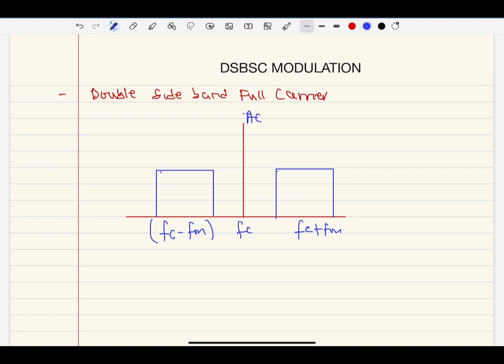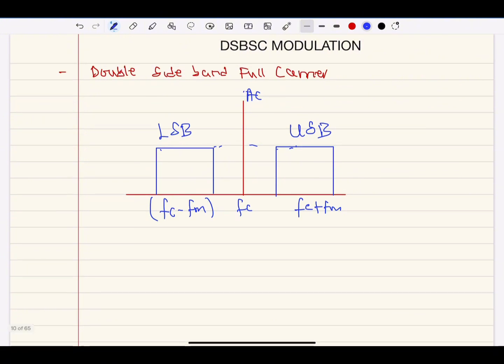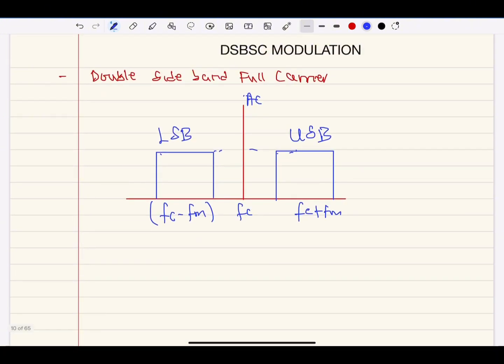So this is my Ac, the amplitude, and this is also the amplitude of the lower sideband. So here is the LSB, and here is the USB. So in explaining this, this is the double sideband full carrier.